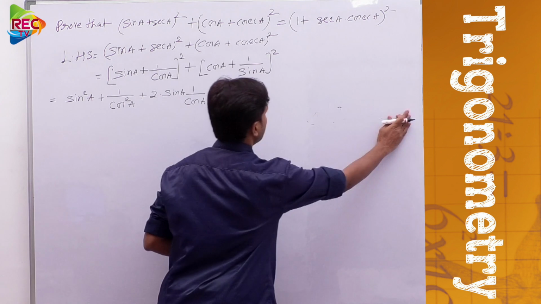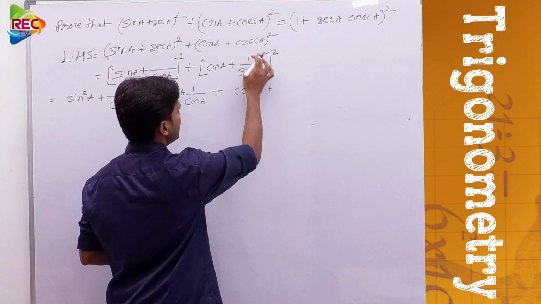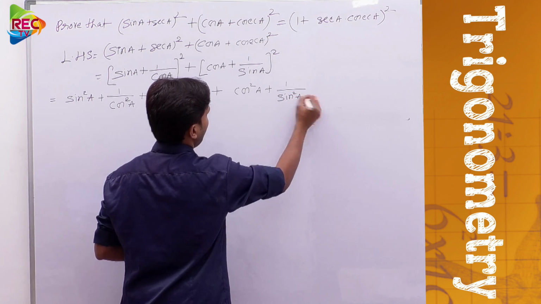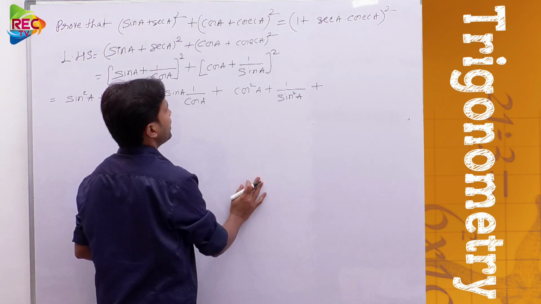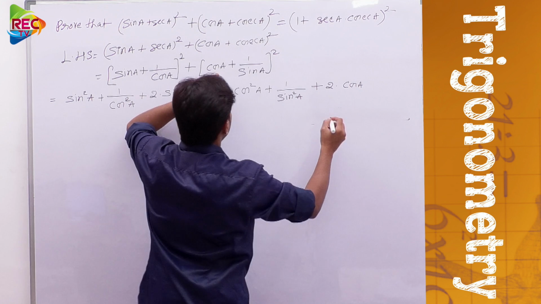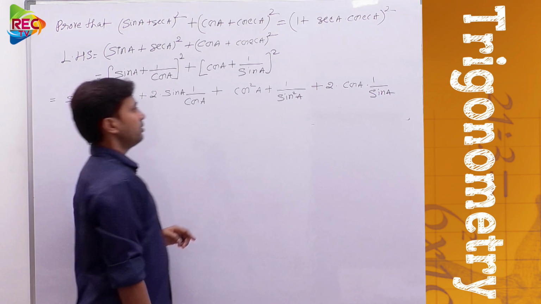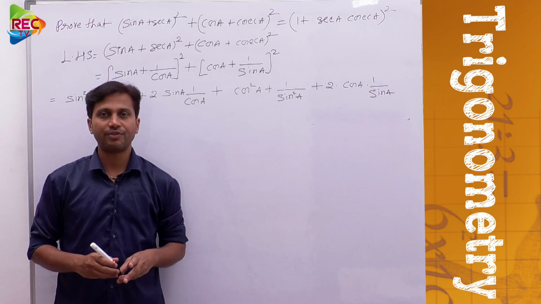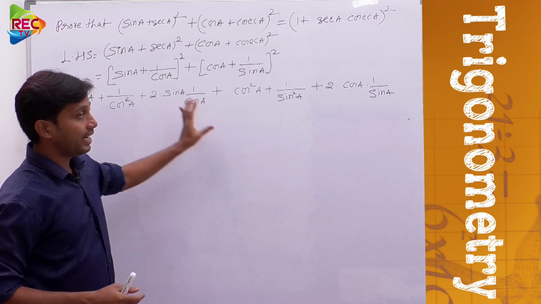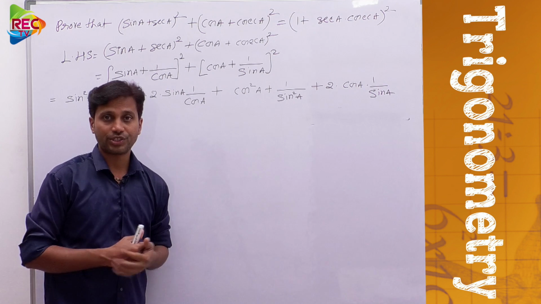A square would be cos square A, and B square would be (1 by sin A) whole square, that means 1 by sin square A, and plus 2AB, meaning 2 into cos A into 1 by sin A. Now this is the lengthy expression we obtained, but all the terms are given in sin A and cos A. There is no other trigonometric ratio other than sin A and cos A in this expression.